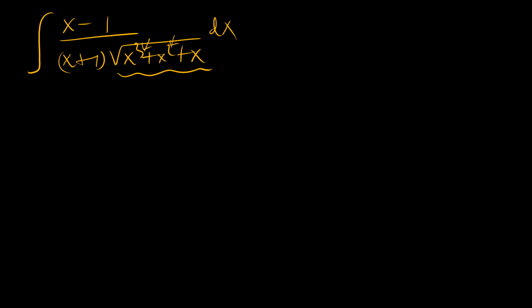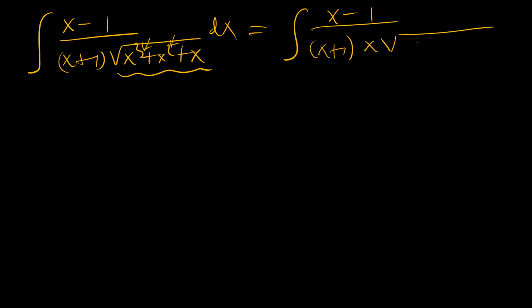So what I would do, I would divide across by x squared, and that means that this expression becomes x minus 1 over x plus 1. If I pull x out, you have x plus 1 plus 1 over x.